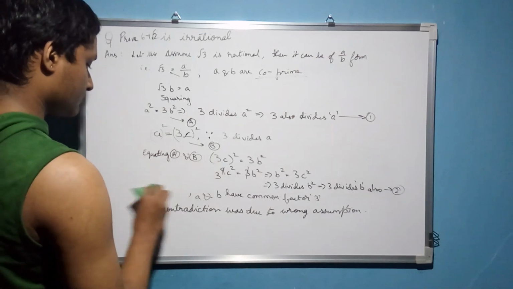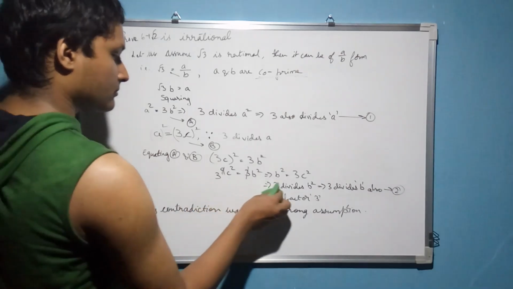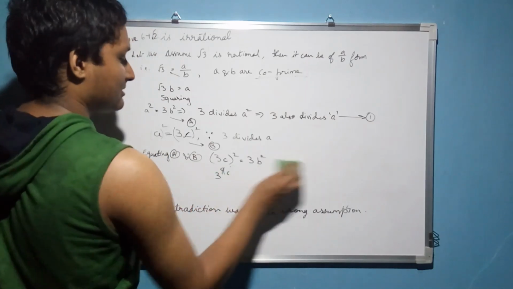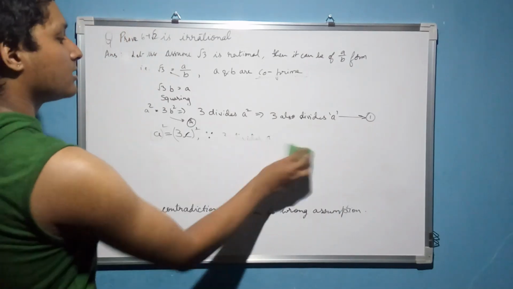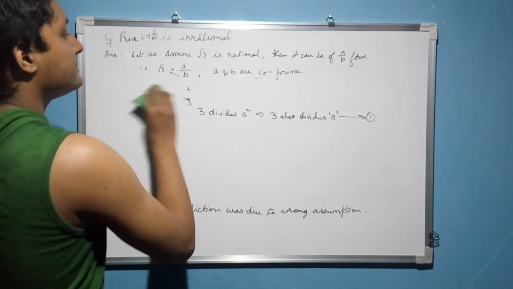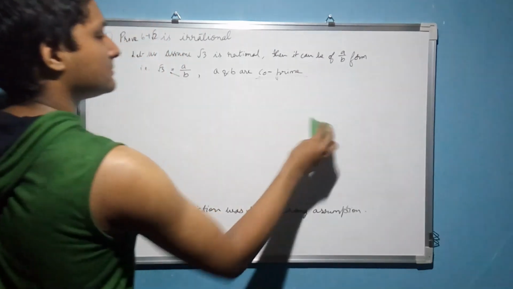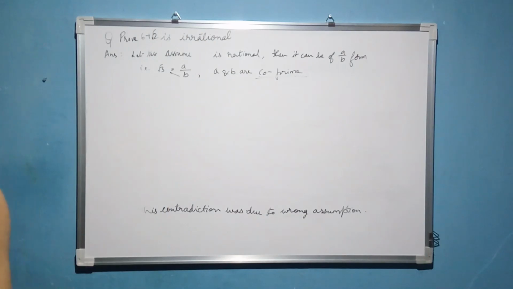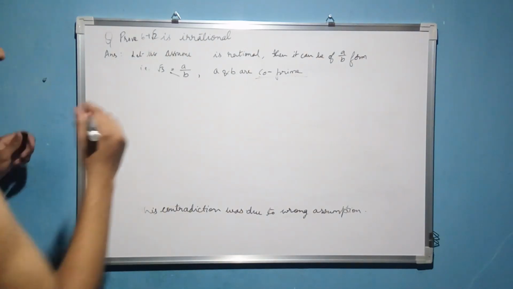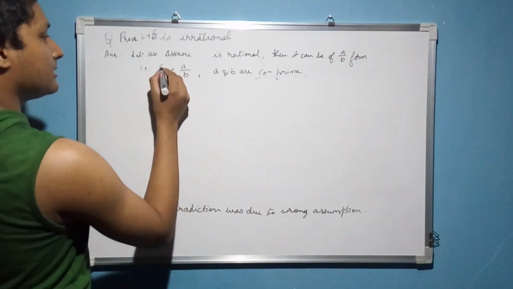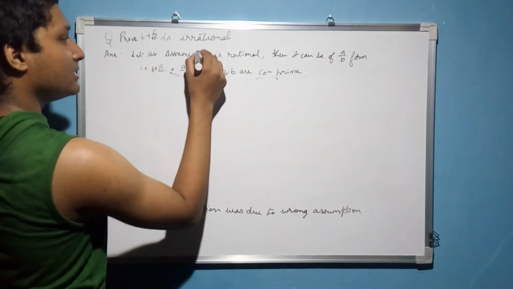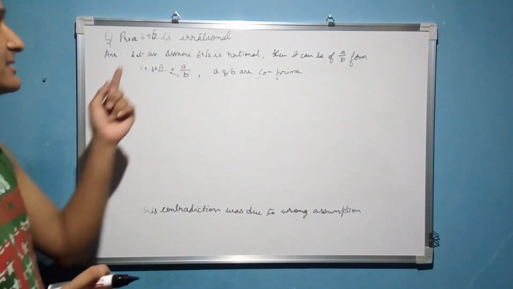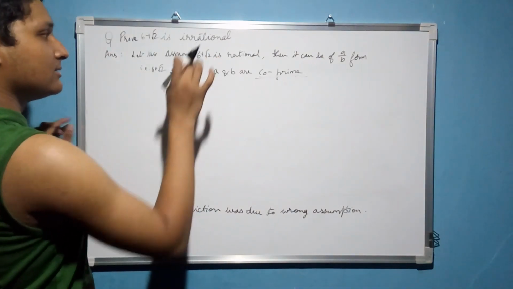I'm not going to use this theorem for this. I'm just going to use the fact that root 2 is irrational, which we already know. Let us assume that 6 plus root 2 is rational.